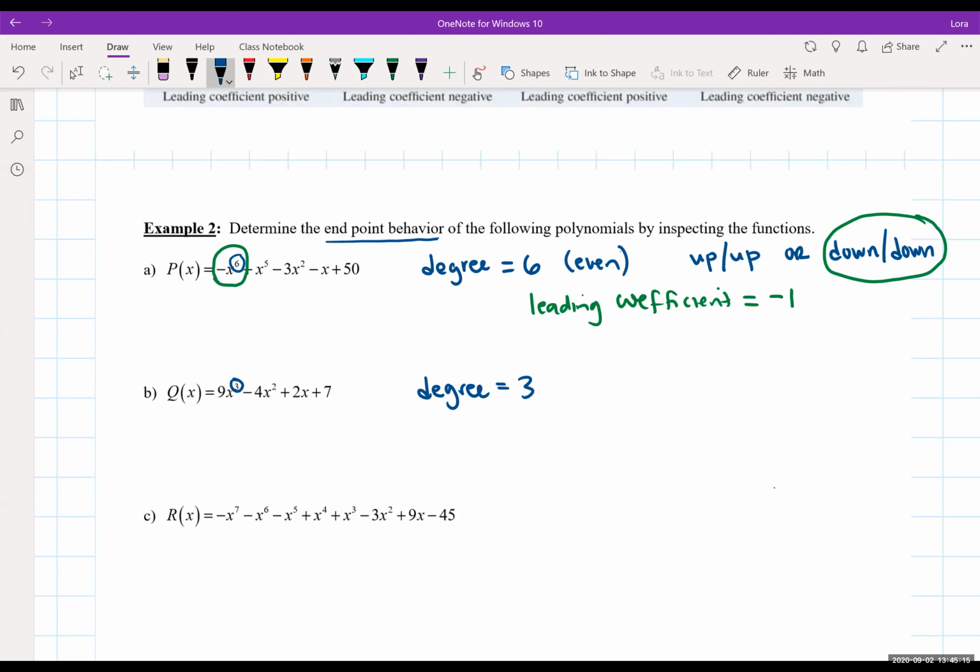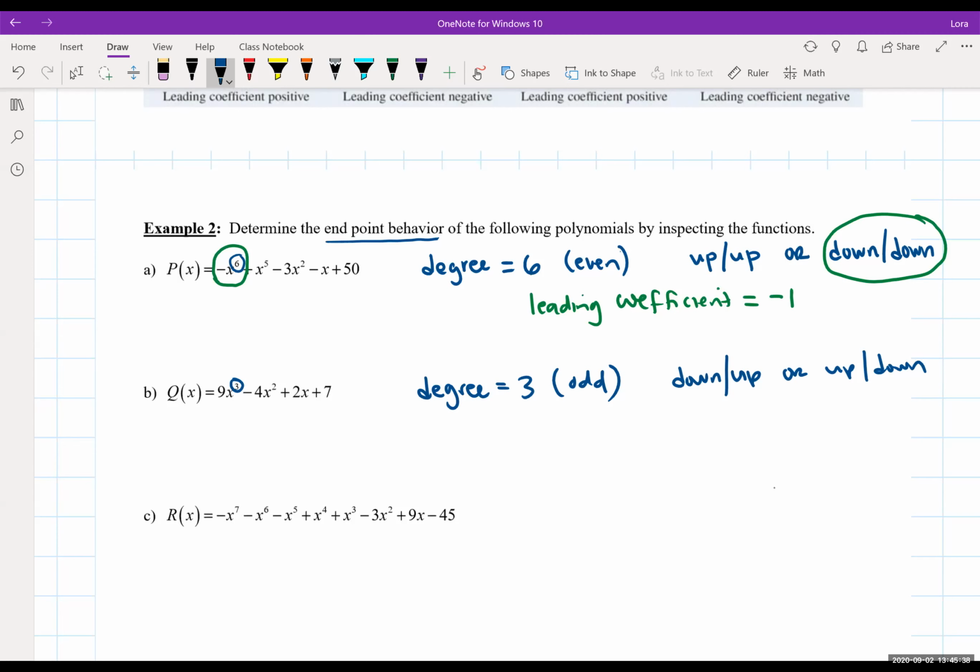And so what I'm asking myself is, is 3 even or is it odd? And I do know it's an odd number. This is going to indicate that the end behavior has opposites, so either down, up, or up and down.